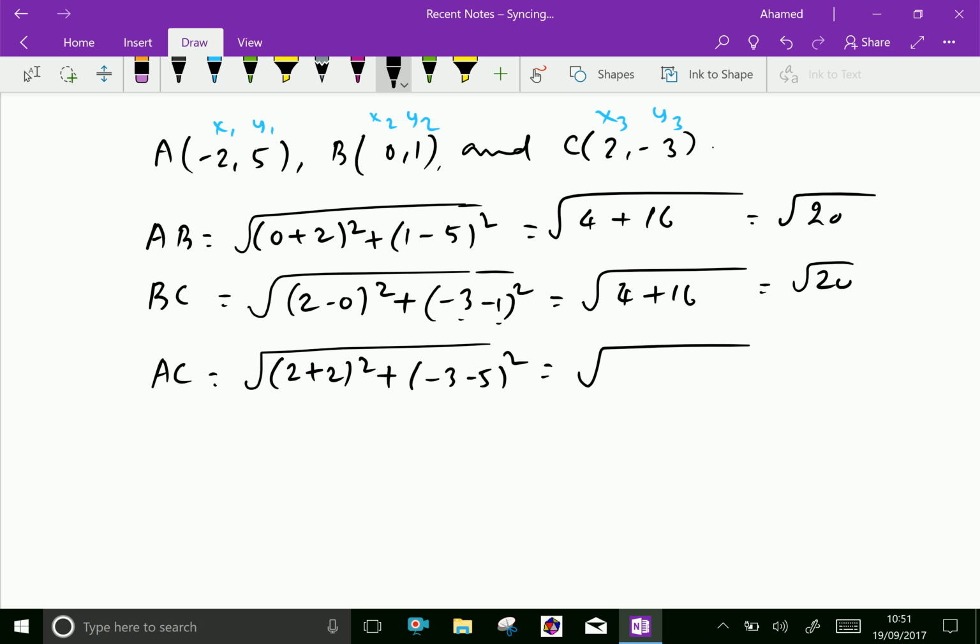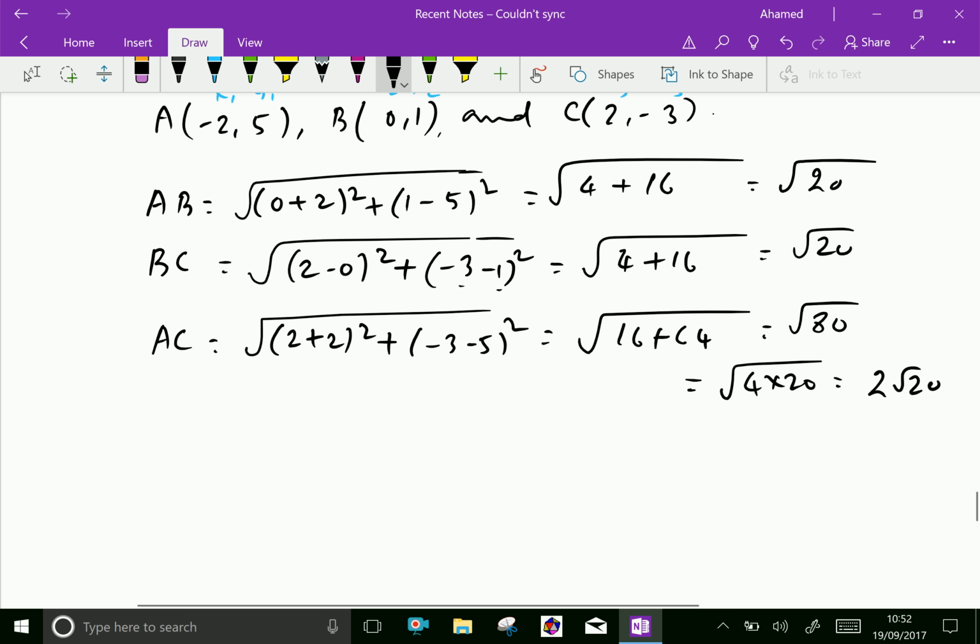That is 2 plus 2 is 4, 4 squared is 16, minus 3 minus 5 is minus 8, minus 8 whole square is 64, which is square root of 80. Then we can write square root of 80 as square root of 4 into 20, which is further equal to 2 root 20.